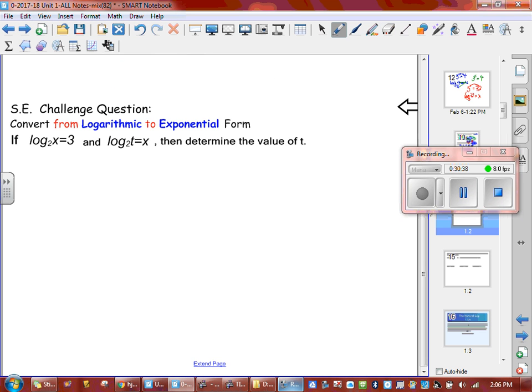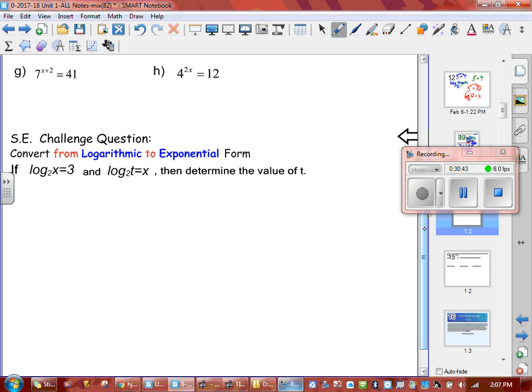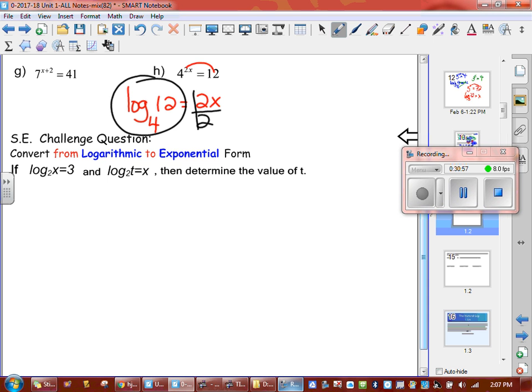And then the 2x and 12 switch places. Again, our last step, divide the 2 out. So this whole thing is going to be divided by 2. And that's going to be your exact value answer. So we're going to get x is equal to 0.8962, and so on. But if I want 2 decimal places, that's going to give me 0.90. You must show that second 0 if it says 2 decimal places.